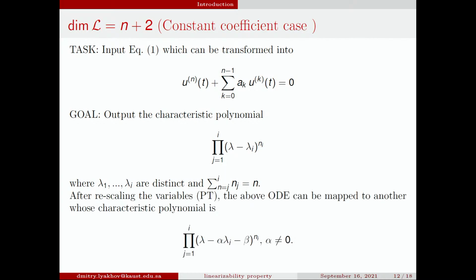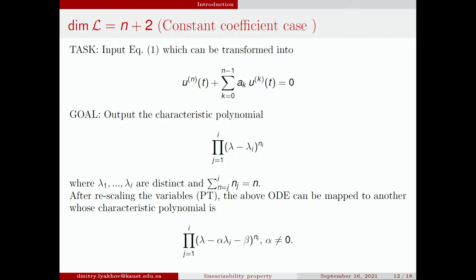A simple fact shows that after rescaling of the variables, we can change this characteristic polynomial to another one, with 2 arbitrary constants alpha and beta.